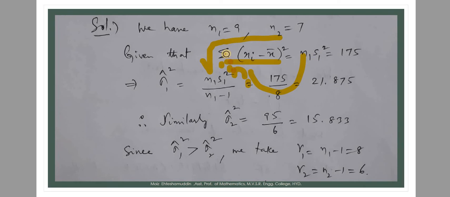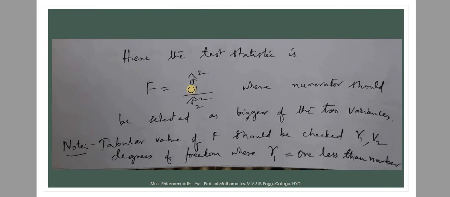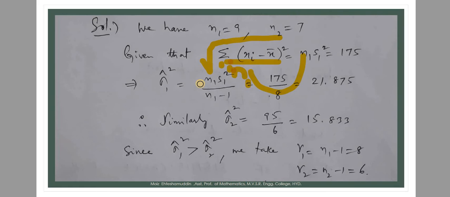It is given that the sum of the squares of the deviations from the respective mean is 175, but that has to become n1 into s1 square. Now keep in mind that for the f value which we have to calculate for this f-test, we need to memorize this: sigma 1 cap square is equal to n1 into s1 square by n1 minus 1. But this n1 into s1 square is given as the sum of the squares of the deviations, and that is 175.